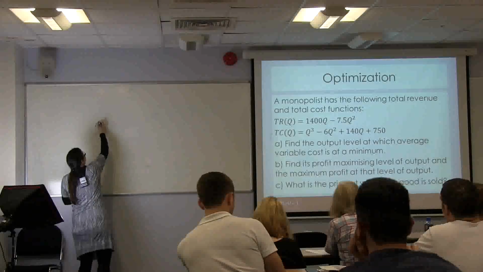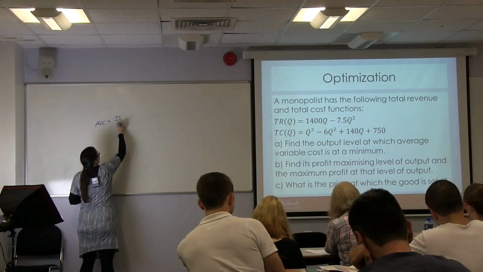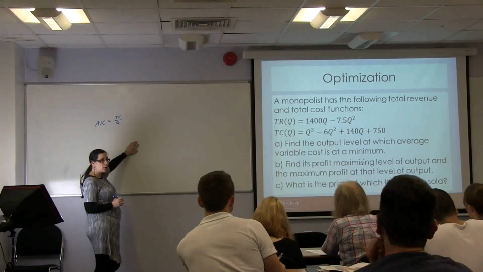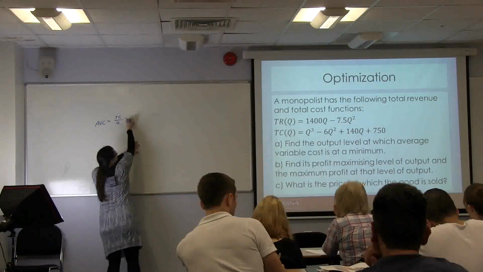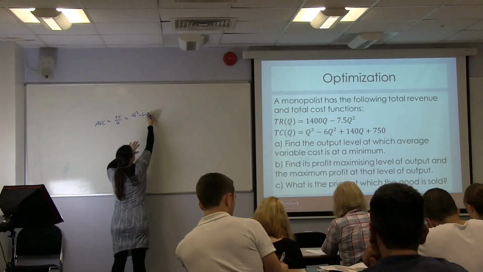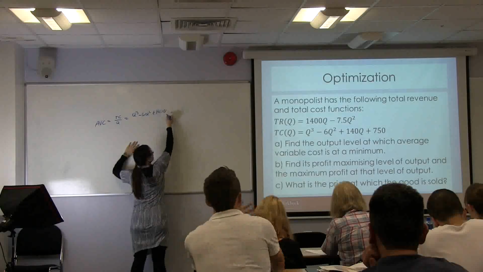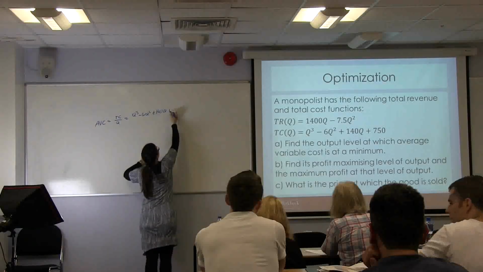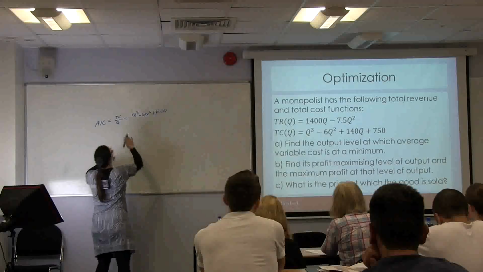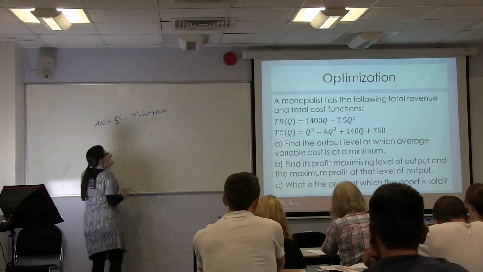And I know that the average variable cost by definition is the total cost divided by the quantity. And that's what I meant by you need to know the terminology. And that is nothing else but Q cubed minus 6Q squared plus 140Q. Oops. That's it. And not the total cost, but the variable cost.